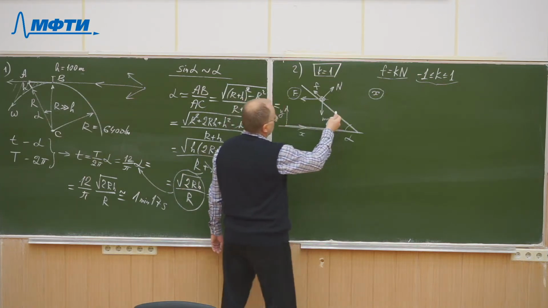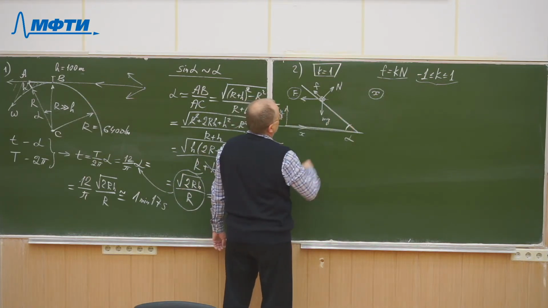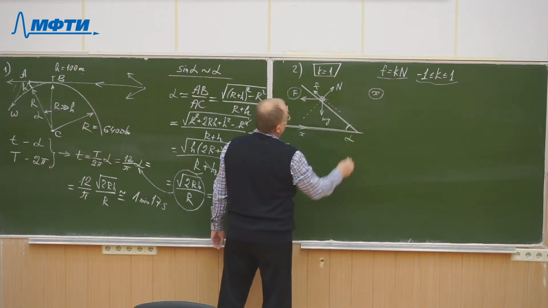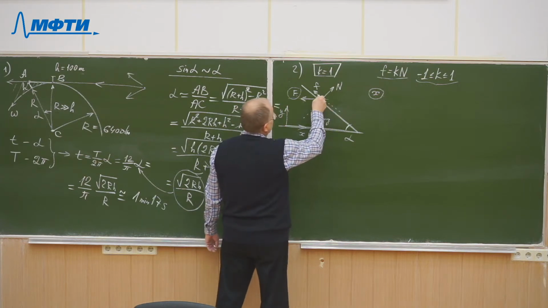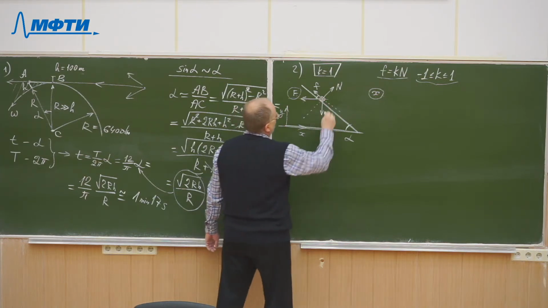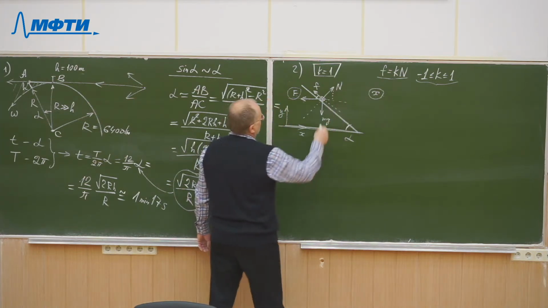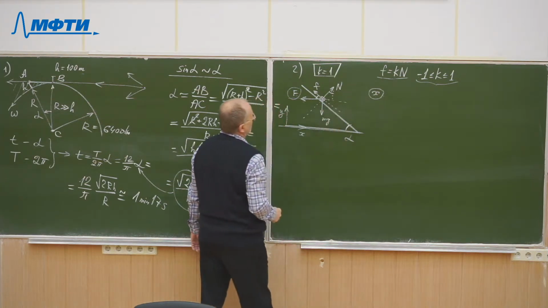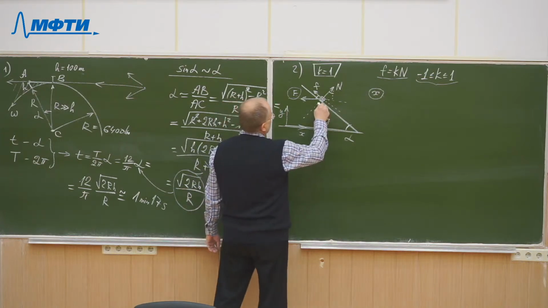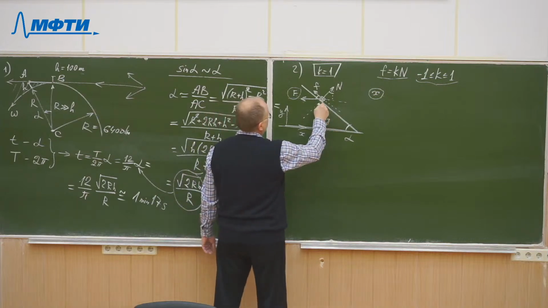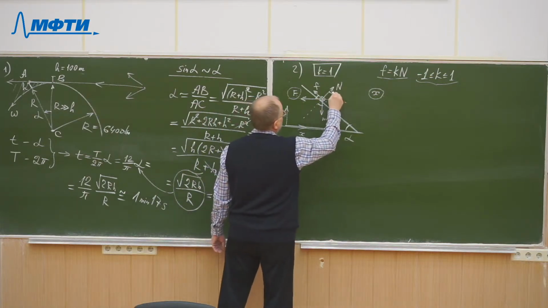It's up to you. So if this angle is alpha, then we have to indicate where alpha is. Alpha will be here, and also here, and also here. So all these angles indicated are equal to alpha.